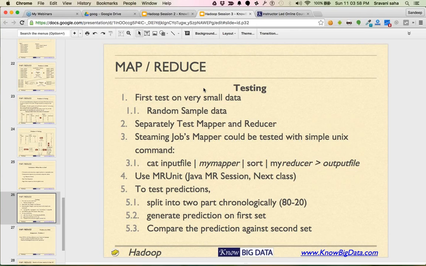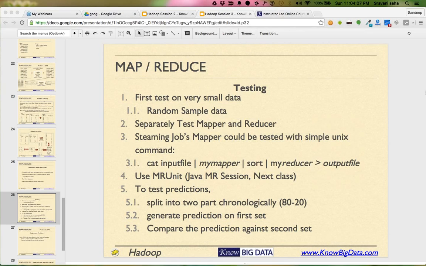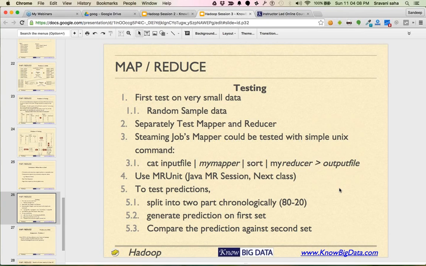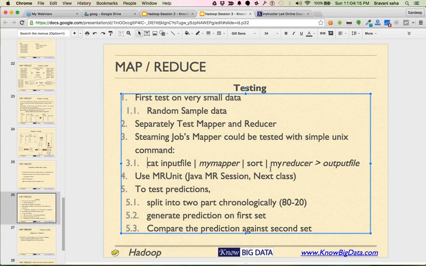So you should generally test on random samples of the data. You should separately test mapper and reducer.